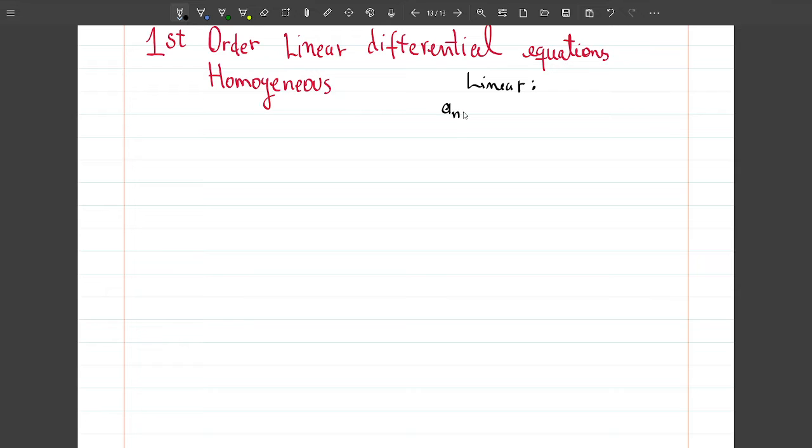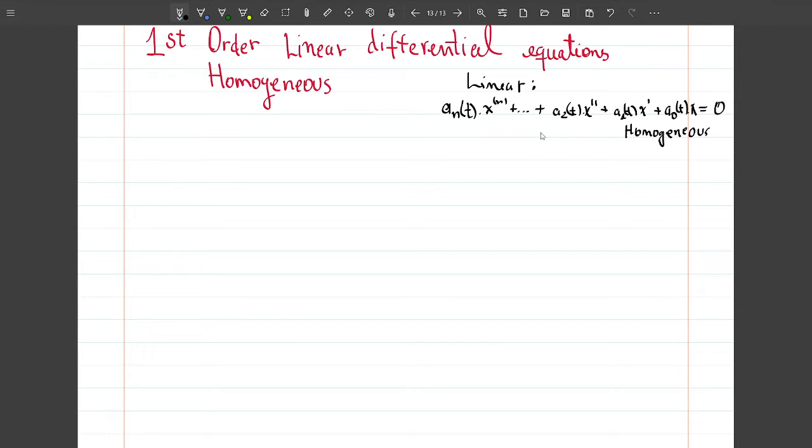We have a function of t, we have the nth derivative of x, and so on until a2 of t, x double prime plus a1 of t, x prime plus a0 of t times x equals, and it will equal 0 because I'm talking about homogeneous equations.